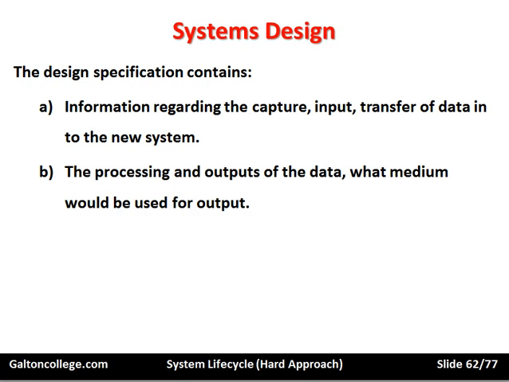The processing and outputs of the data, what medium would be used for output? Well, it's an issue. In the past a lot of processing came back on paper, but more and more it's coming back as screen displays.